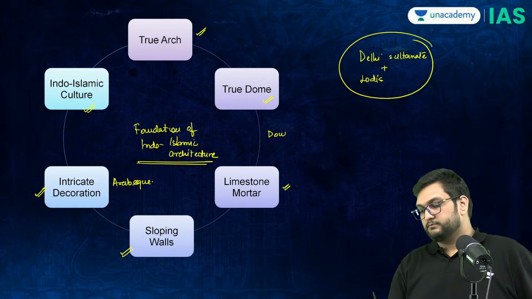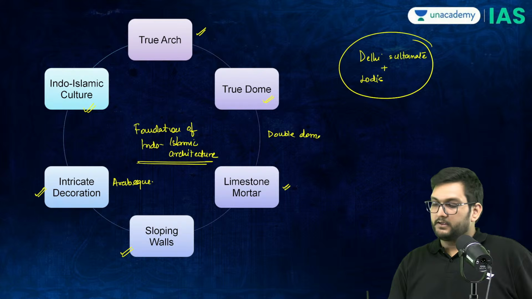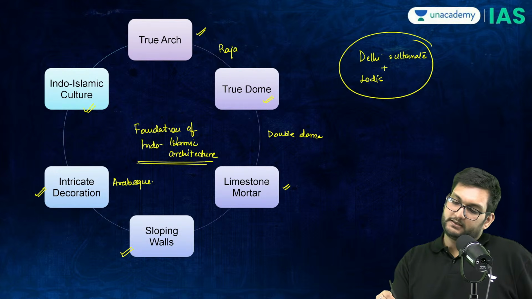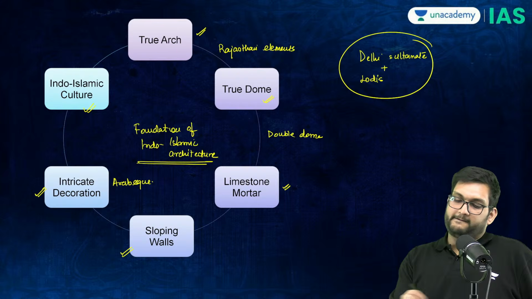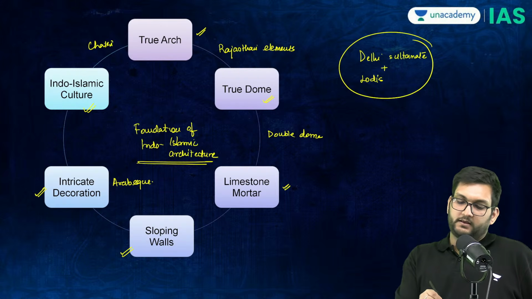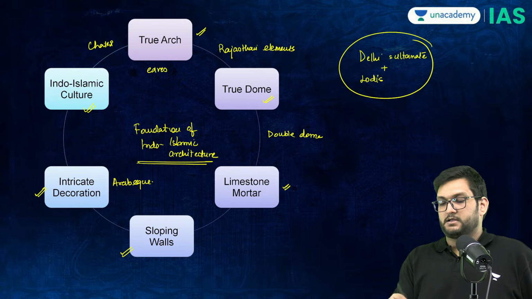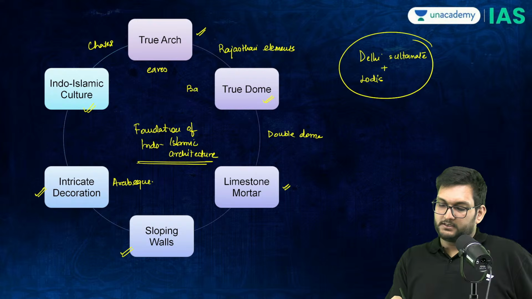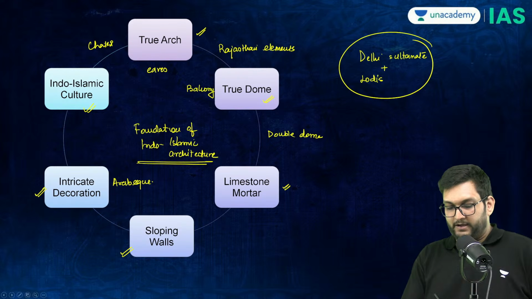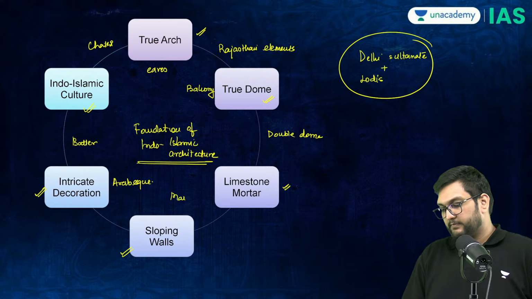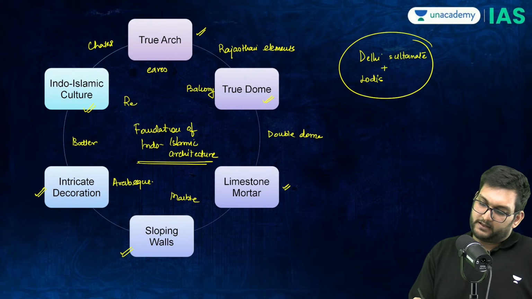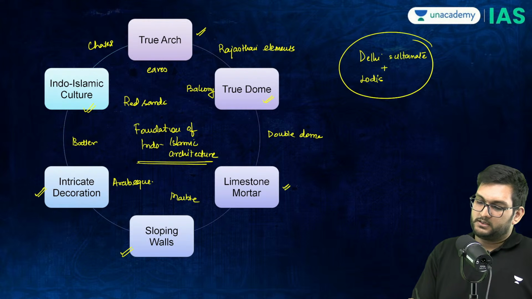You have double dome, you have Rajasthani elements, you have Chhatri, you have Eways, you have balcony, you have Batar, you have marble, red sandstone had become very common.